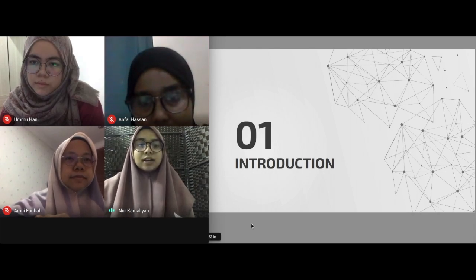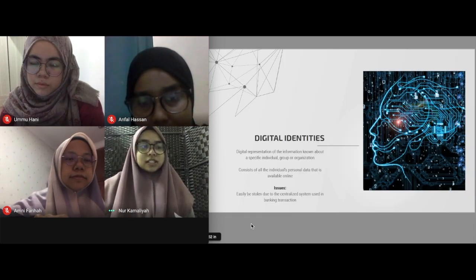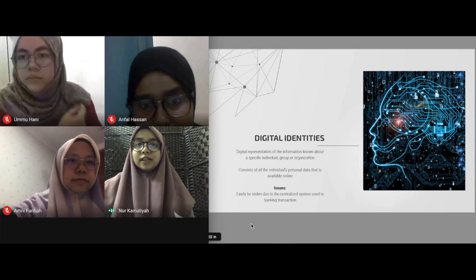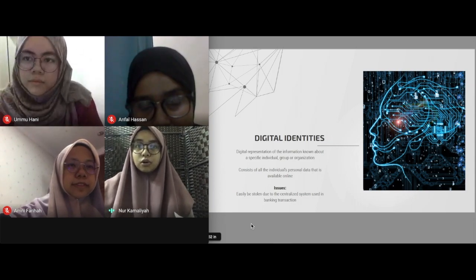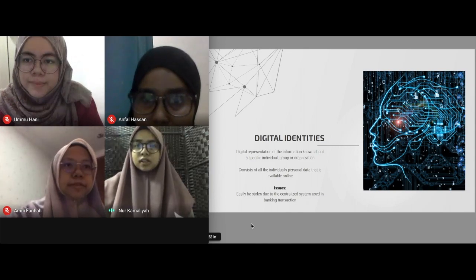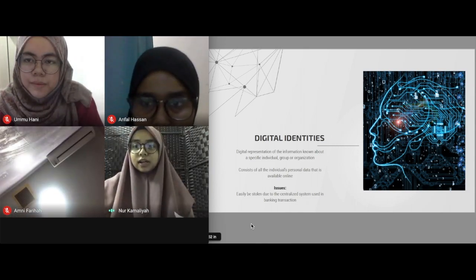What is digital identity? Digital identity is the digital representation of the information known about a specific individual, group, or organization. How can our data through online be collected?